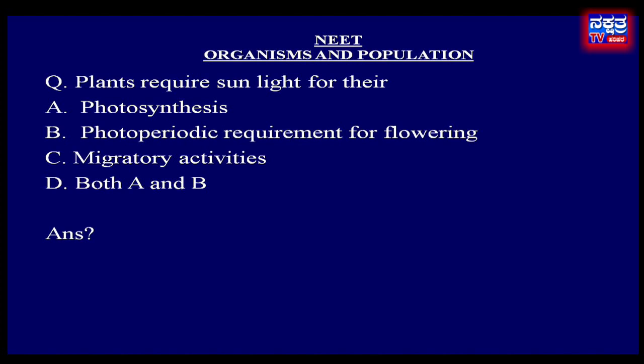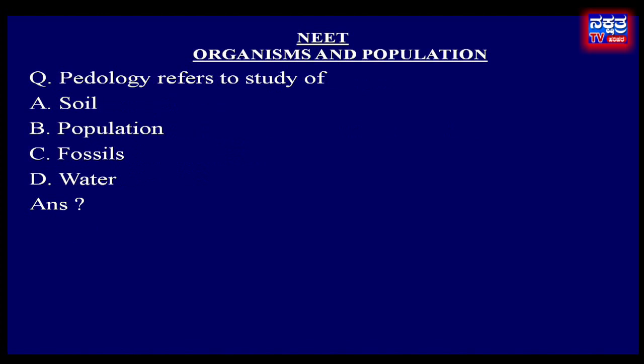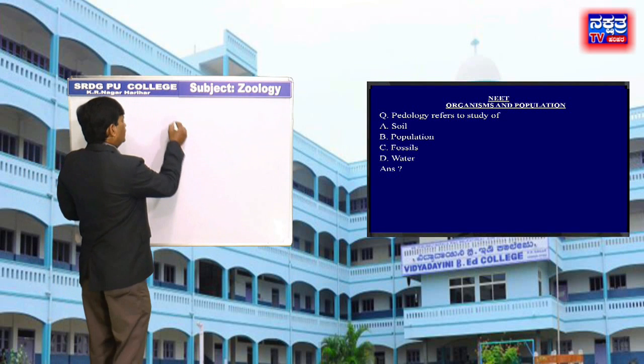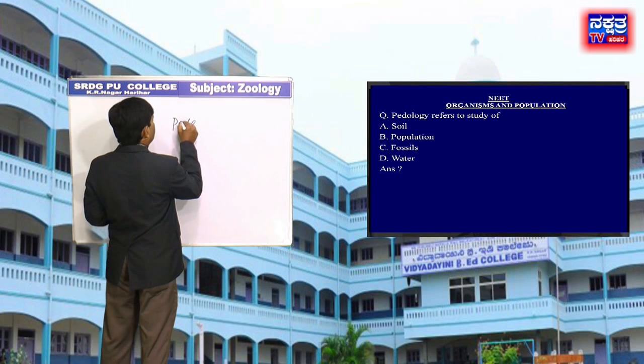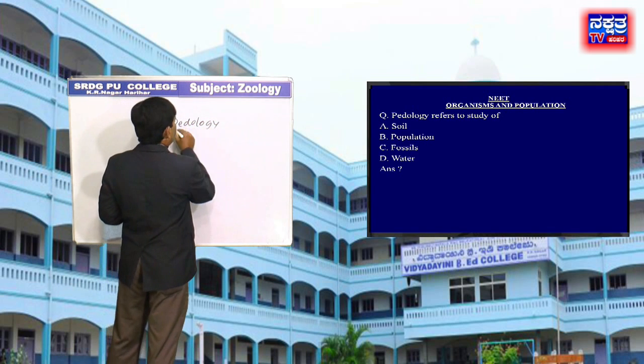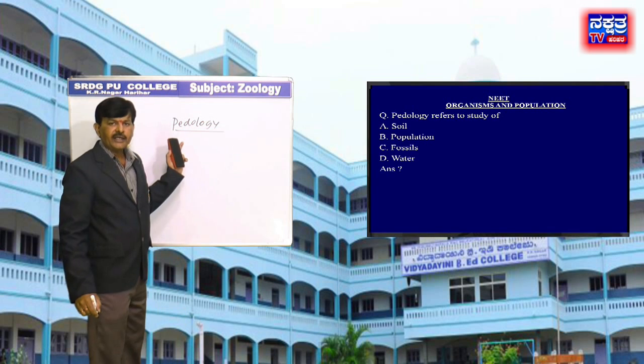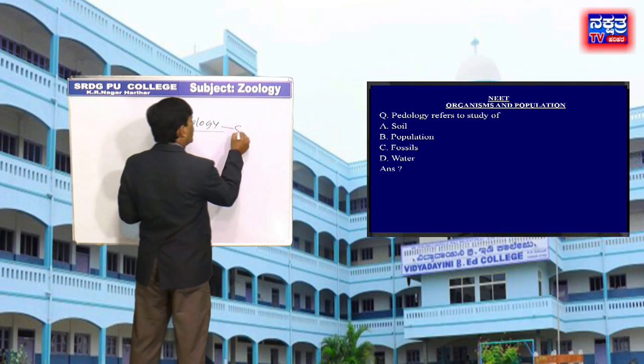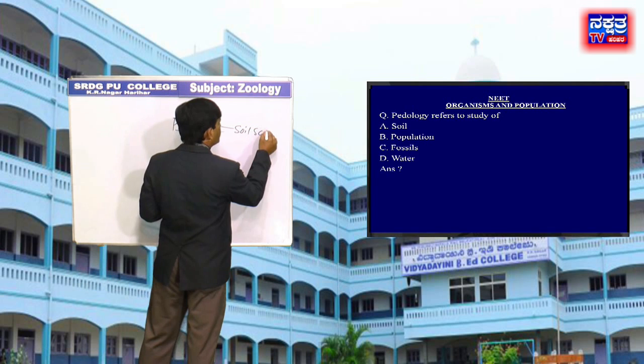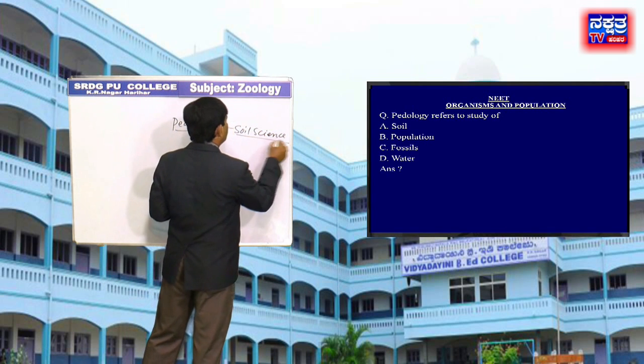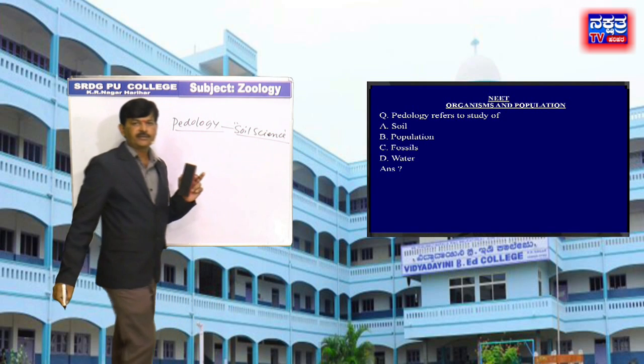Move to next question. Pedology refers to the study of option A, soil, B, population, C, fossils, D, water. Pedology is also called soil science.